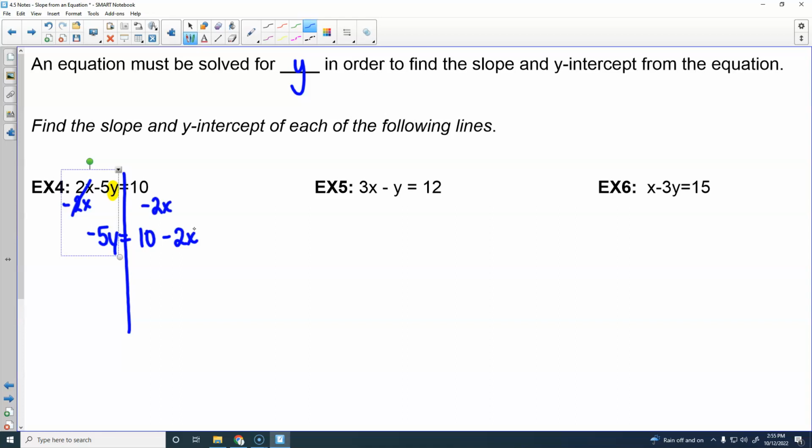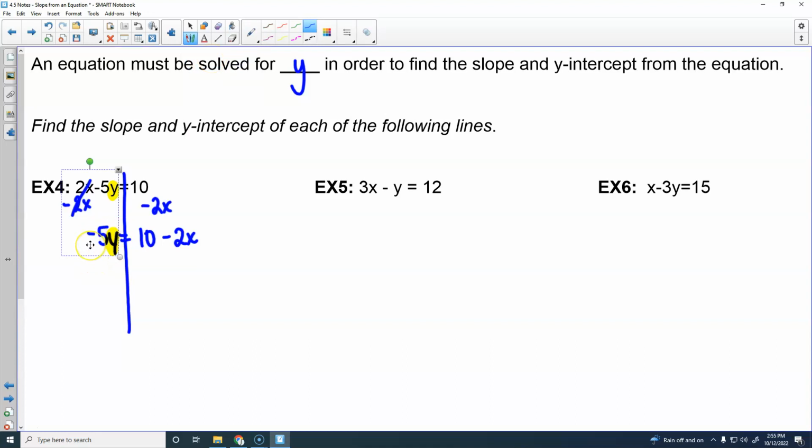Okay, this is like those literal equations that we did, where you're not going to get y equals 4 most of the time anyway. You're going to get another equation, which is what you want because you want it to be y equals mx plus b. So y is still what we're looking for here. I need to get rid of the negative 5 this time.